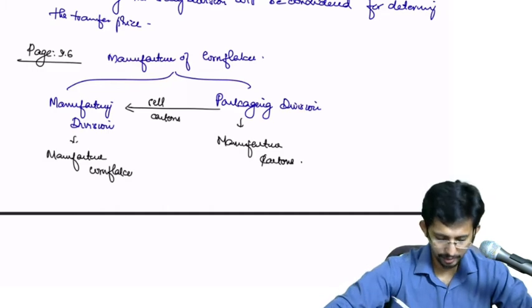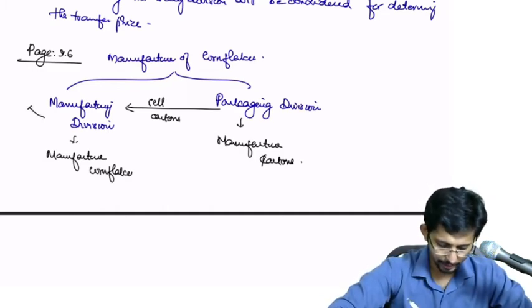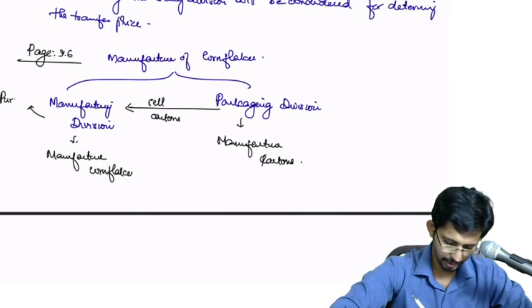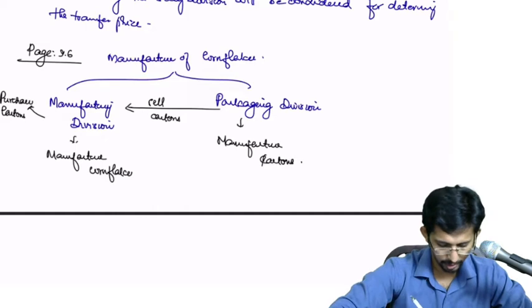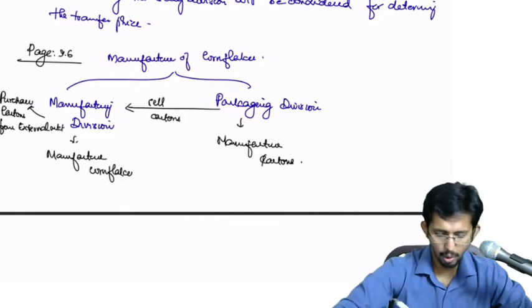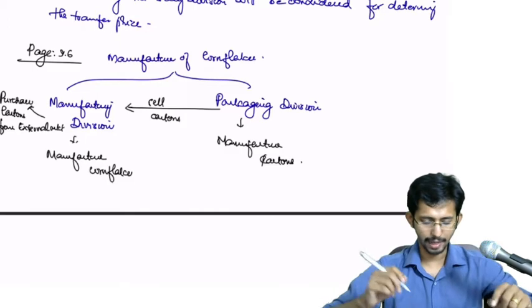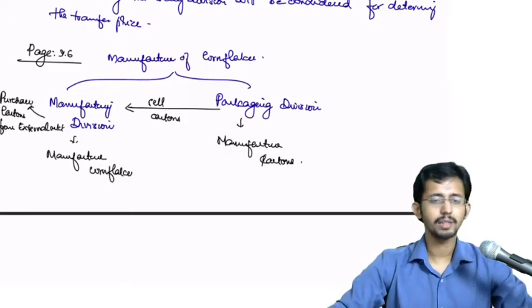Okay, and as far as the manufacturing division is concerned, it has either the option to purchase cartons from the external market, or you go for the transfer from the internal packaging division. Okay, right.